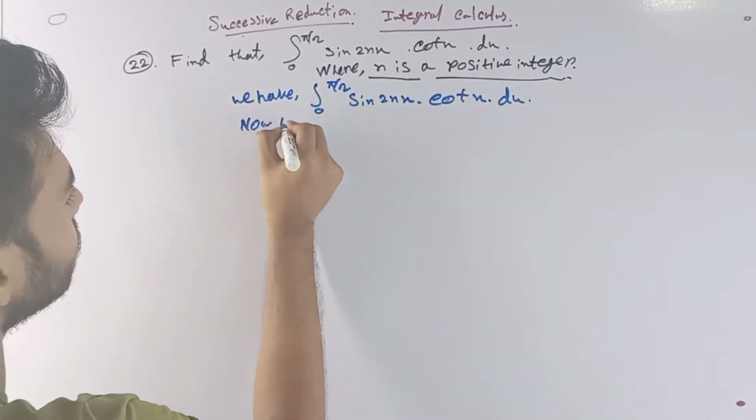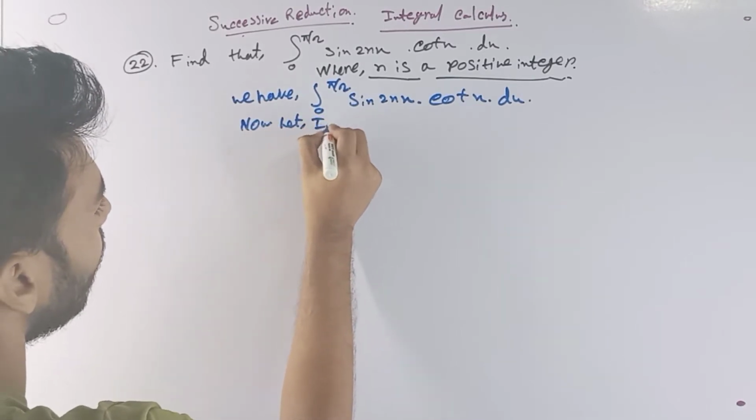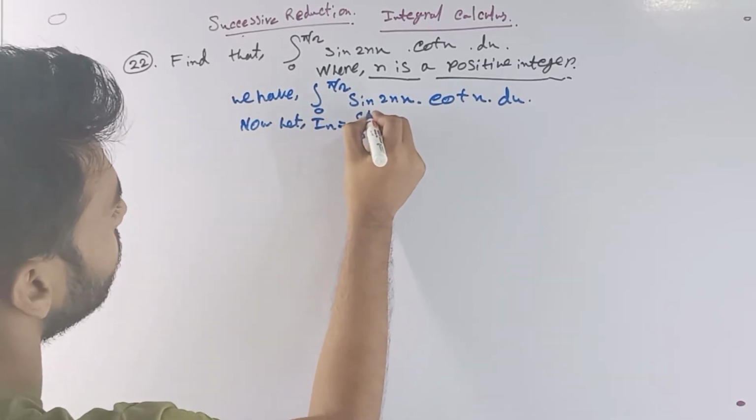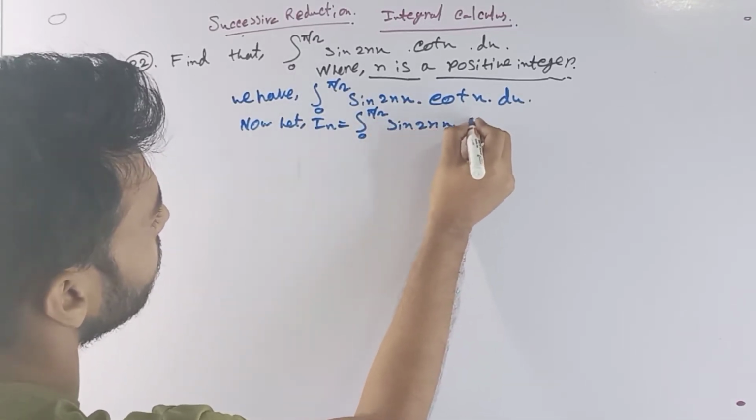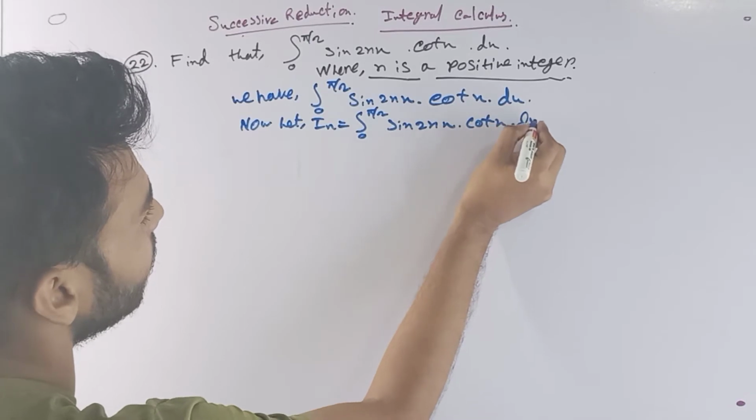Let I_n equal the integral from 0 to pi by 2 of sine of 2nx times cot x dx.